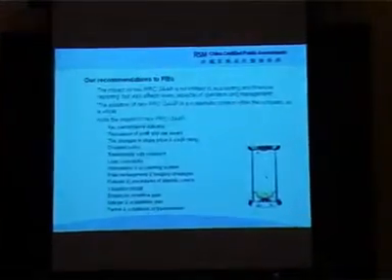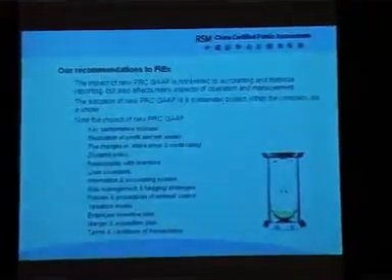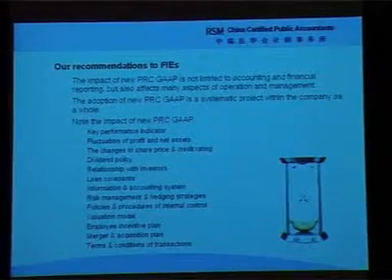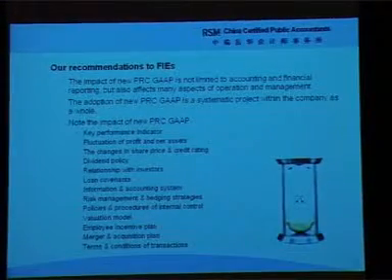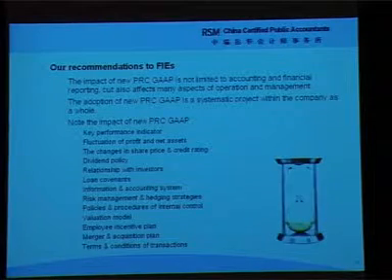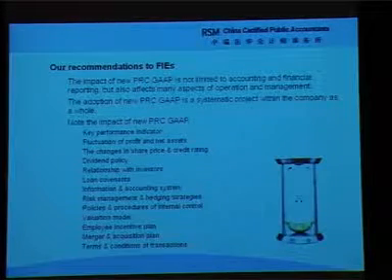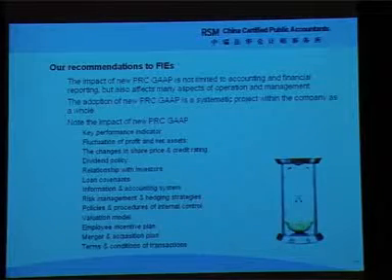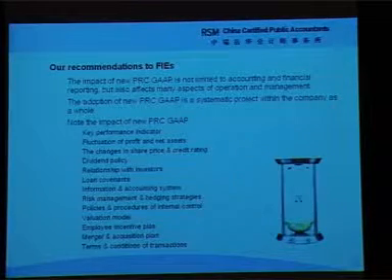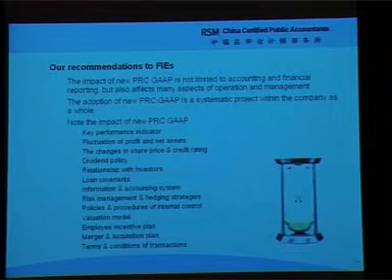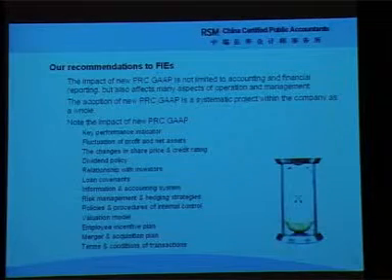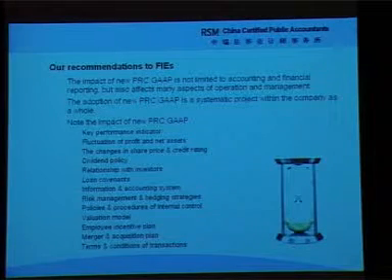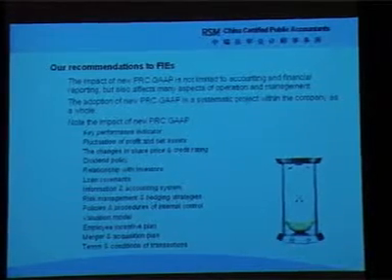Under the PRC GAAP, business combinations under common control are required to be accounted for using the pooling of interests method. But business combinations not under common control, similar to IFRS 3, are required to use the acquisition method in accounting. So the different types of business combination may have different impacts on the financial statements.